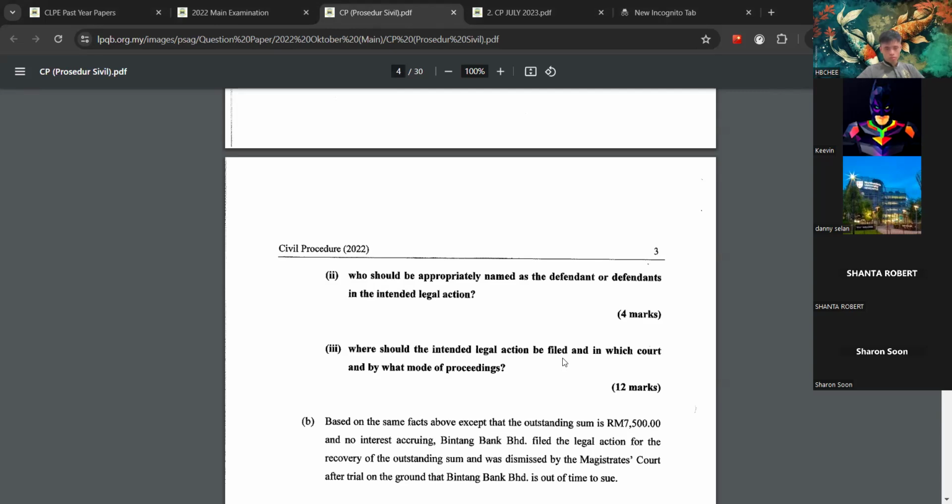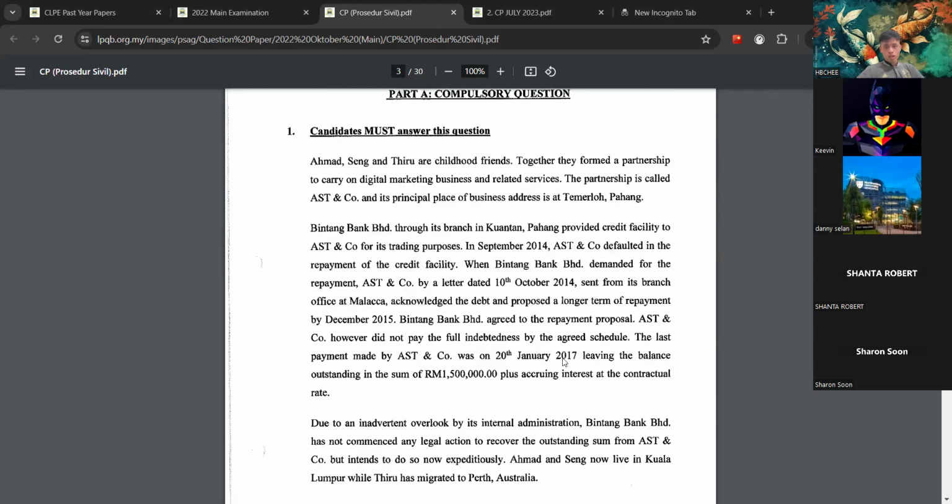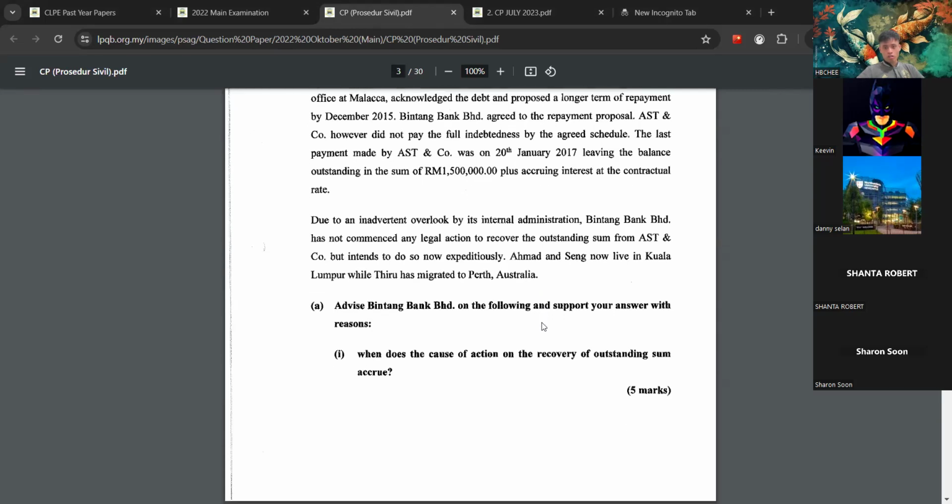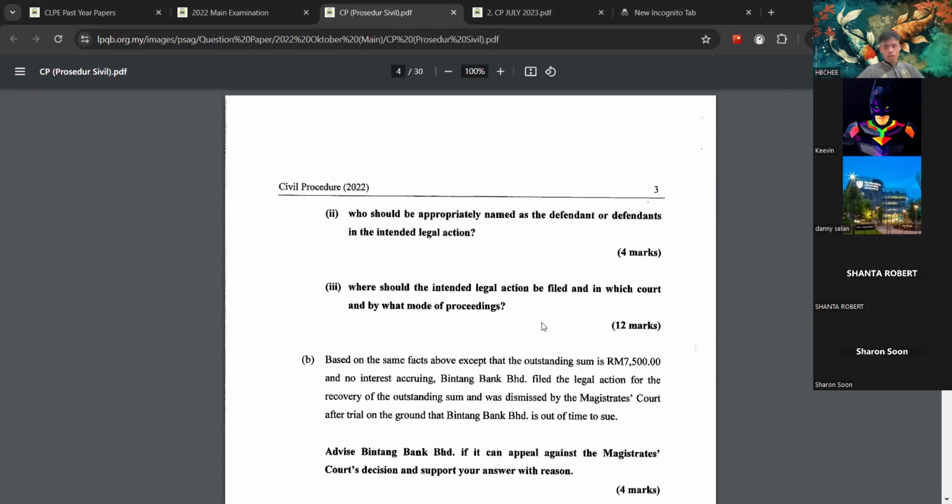the jurisdiction. Firstly, I am not sure whether Kuantan has a High Court. That's why I would rather write the High Court in the state of Pahang.